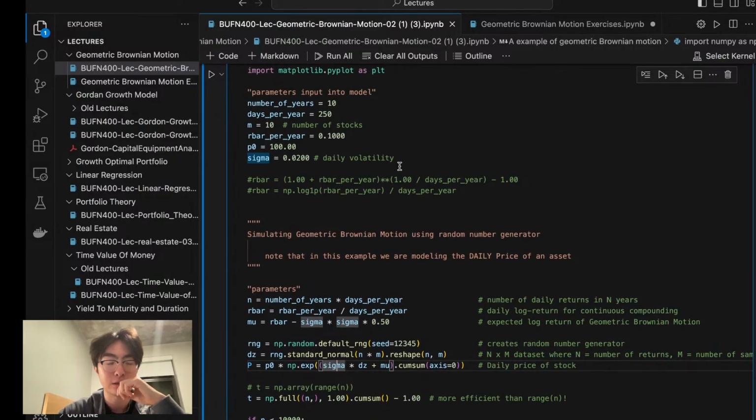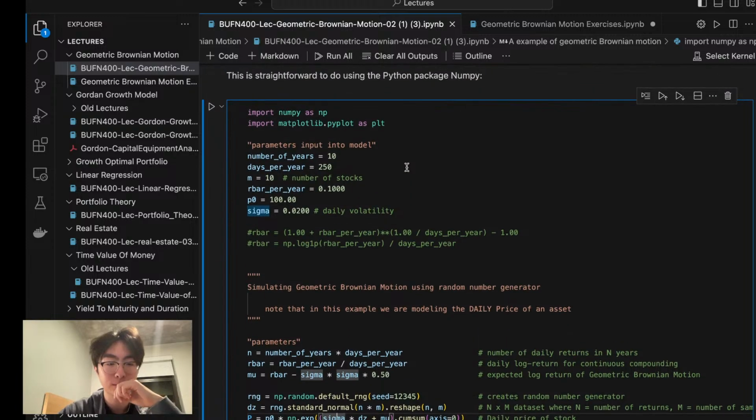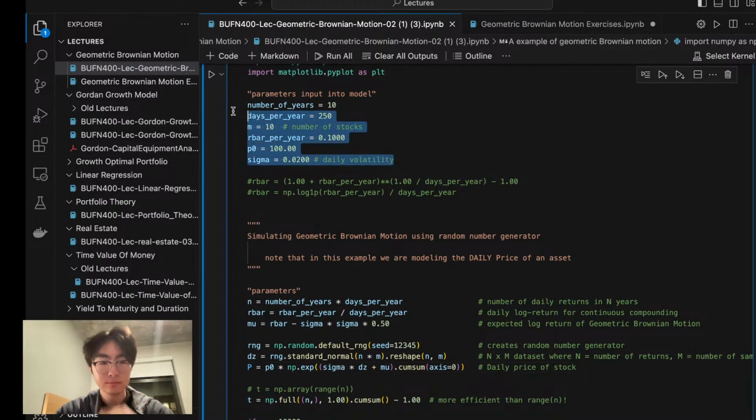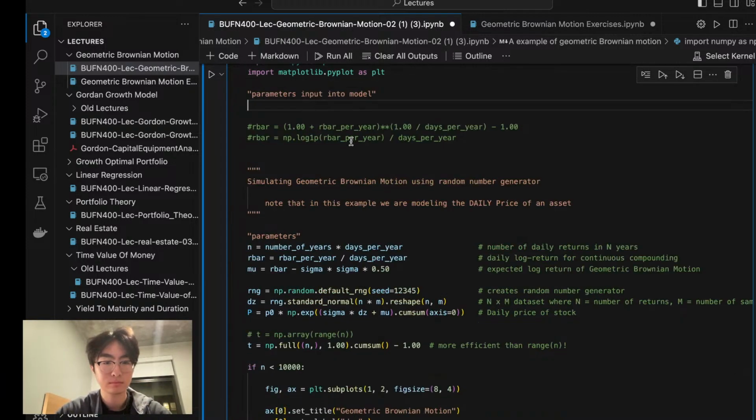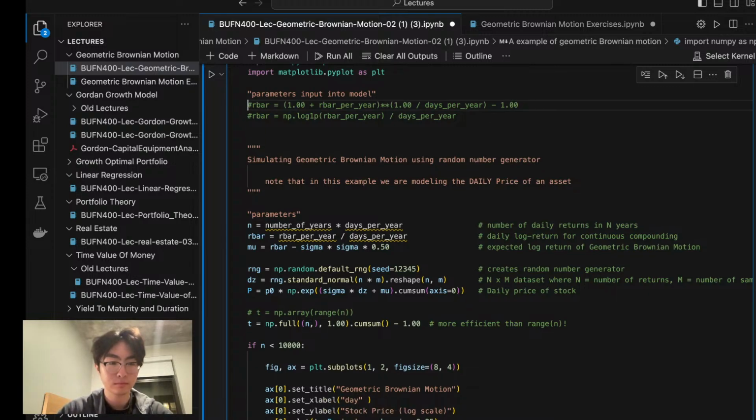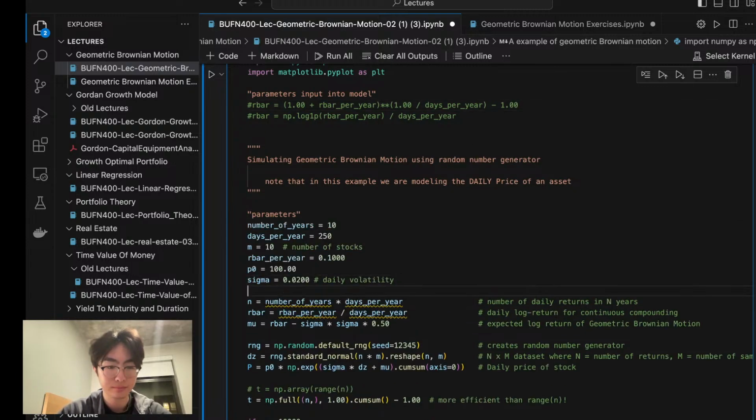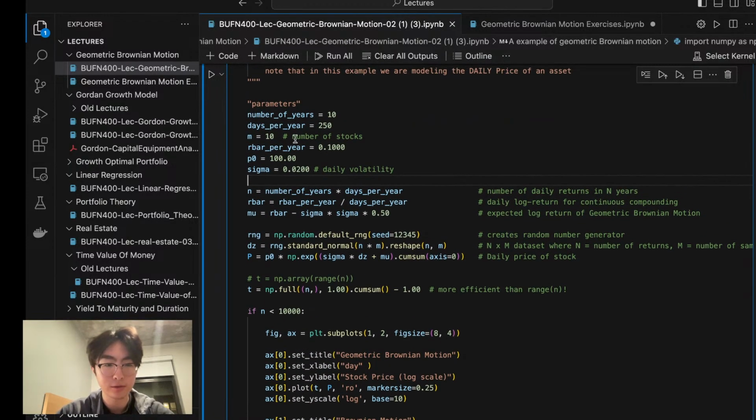So sigma is the daily volatility, right? P0's initial price.